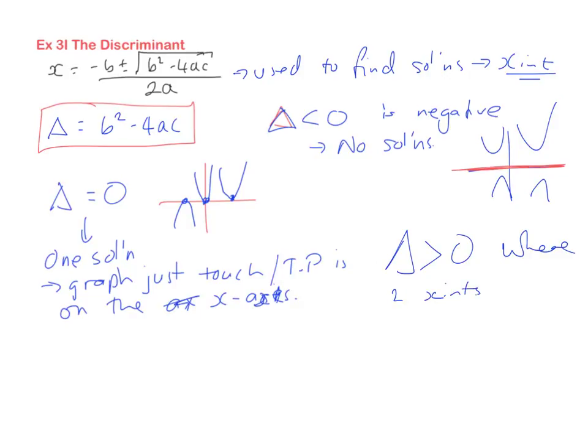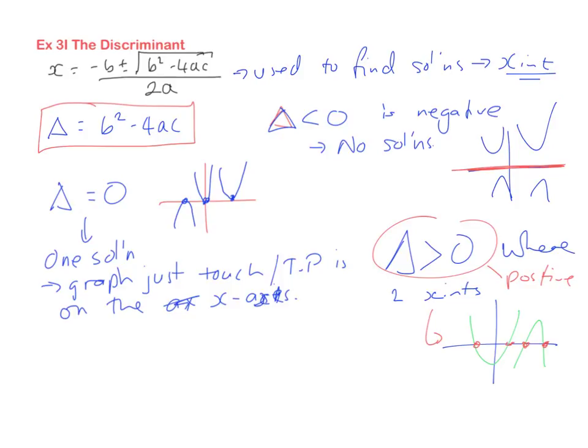If I draw my graph in green, it means our graph's going to cut that way or that way, so we're going to get intercepts there and there. So we're going to get 2 intercepts. If it's positive, we get 2 intercepts. If it's negative, there's no solutions, and if it's equal to 0, then it's just touching. So they're the 3 situations.